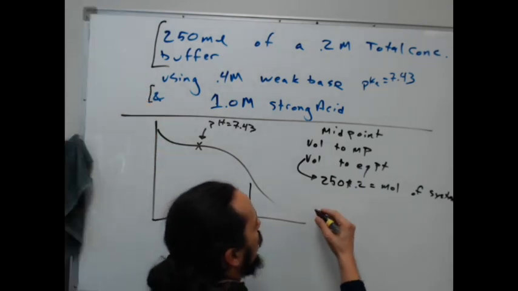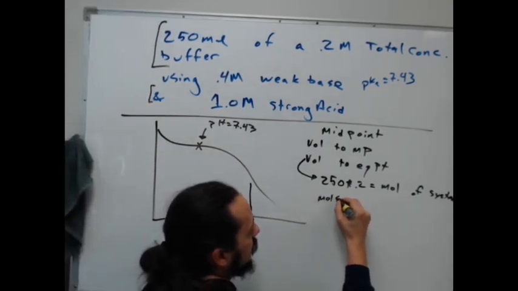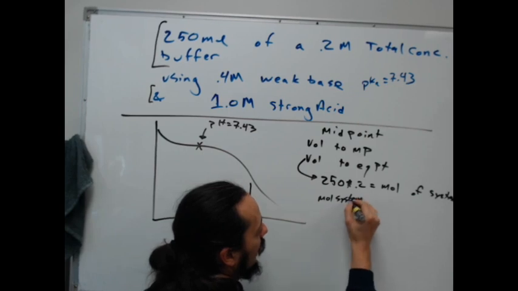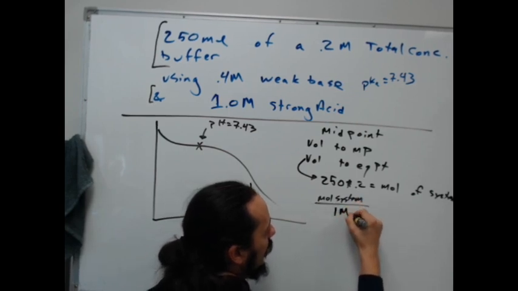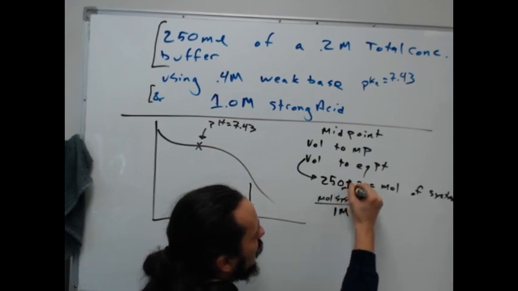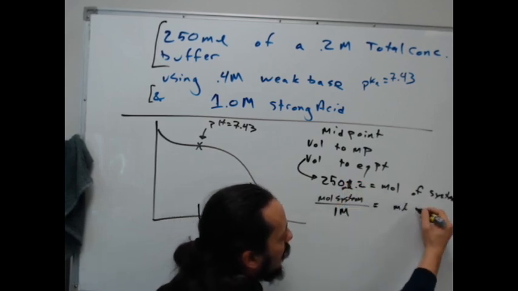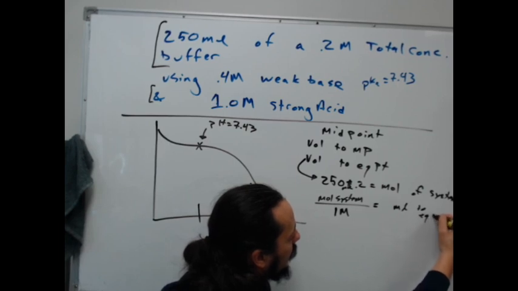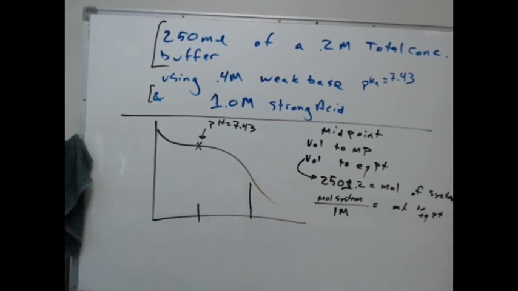And then I'm going to take my moles of system divided by 1 molarity for my titrant. And that will give me, since I left it in milliliters, milliliters to equivalence point. So it's going to be 250 times 0.2. I have a calculator someplace around here.